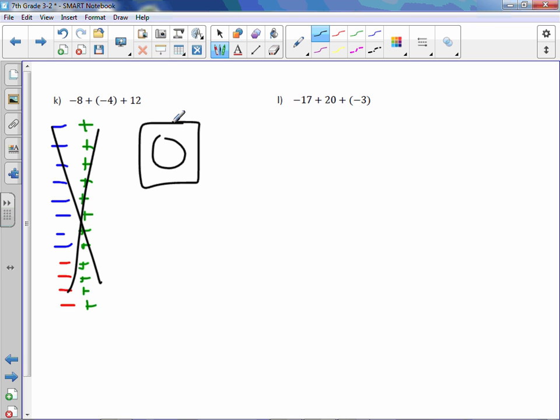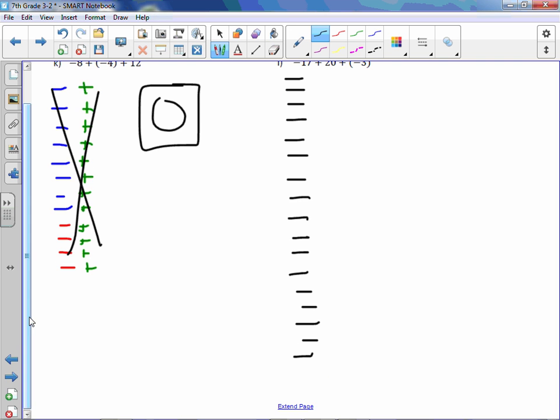Letter L, you have 17 negatives. You have 20 positives.